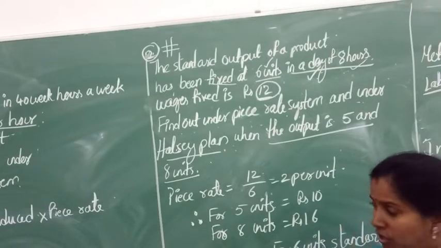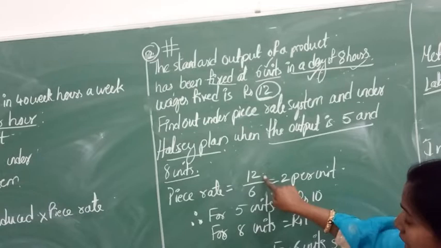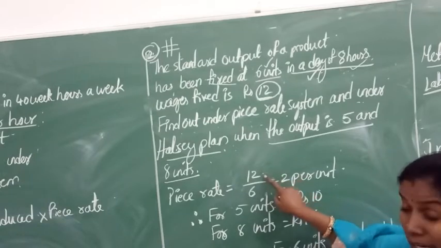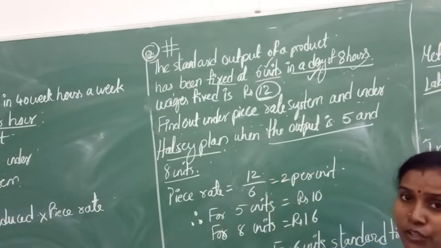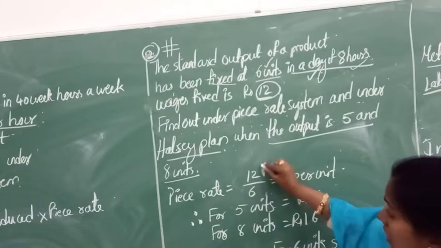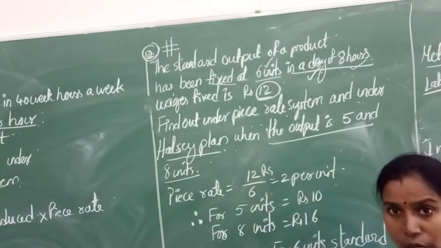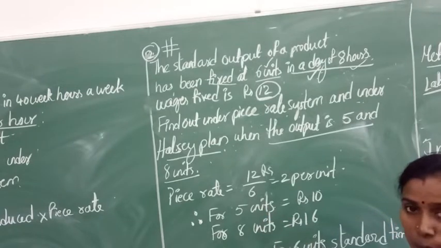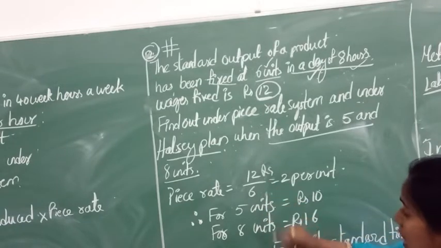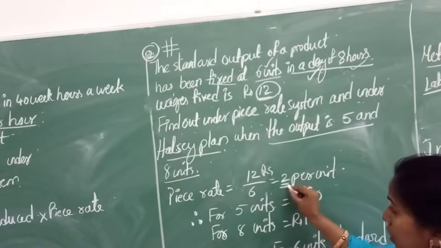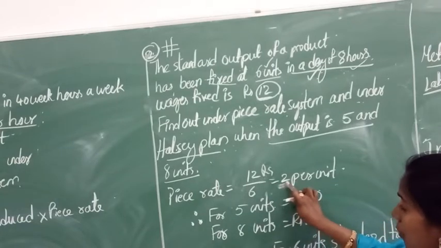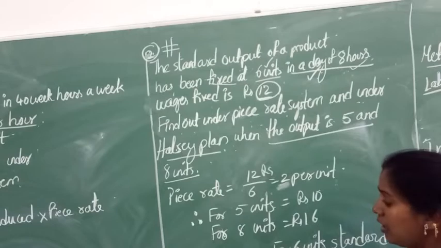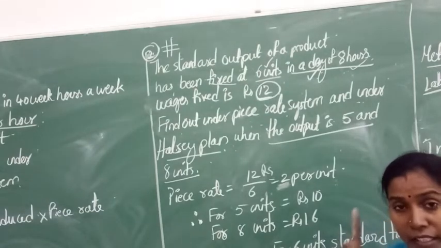That is the reason we divide: 12 rupees divided by 6 units. If you do 12 divided by 6, how much do you get? You get 2 rupees for 1 unit.